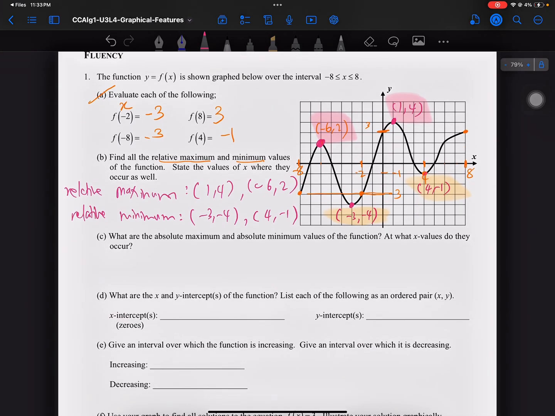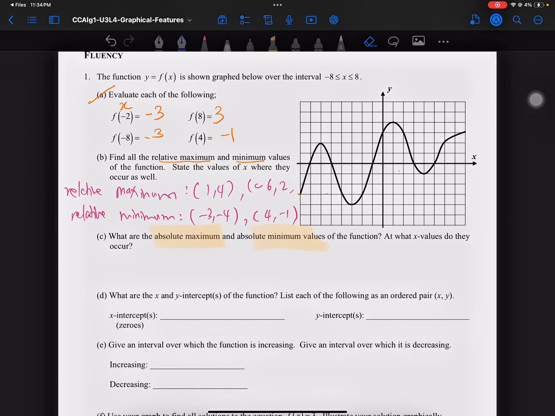Then question C asks us about the absolute maximum and minimum of the function. At what x values do they occur? Absolute means the very top or the very bottom of the whole graph, not just locally but overall.